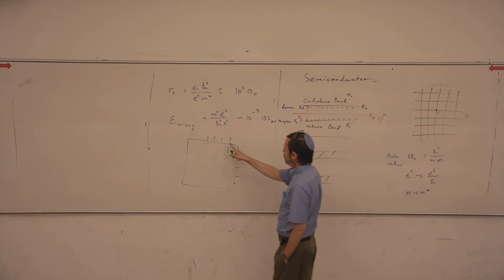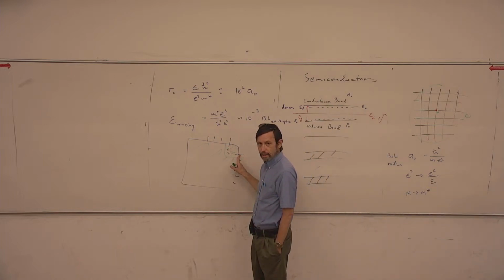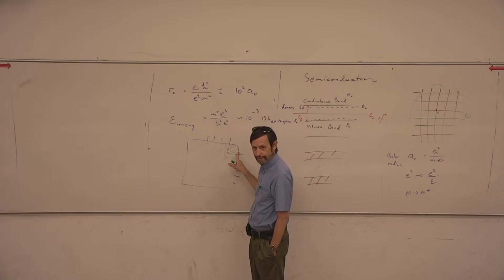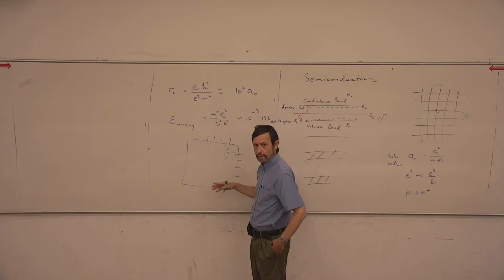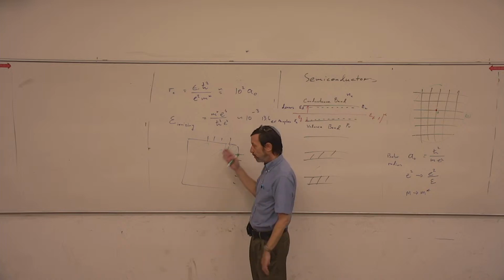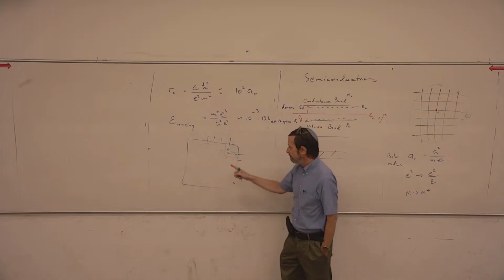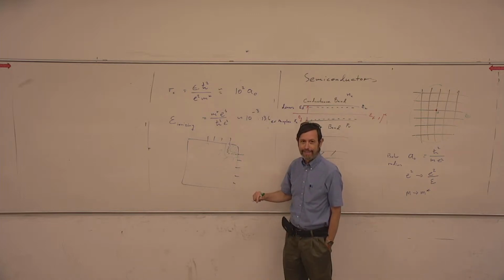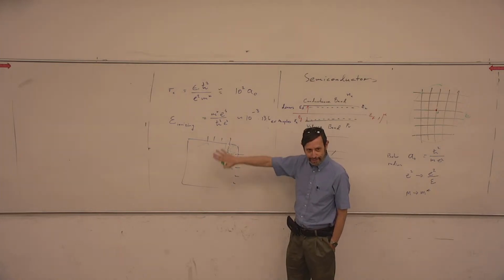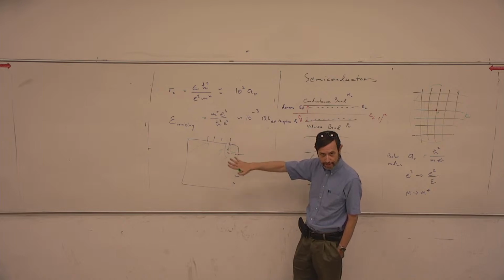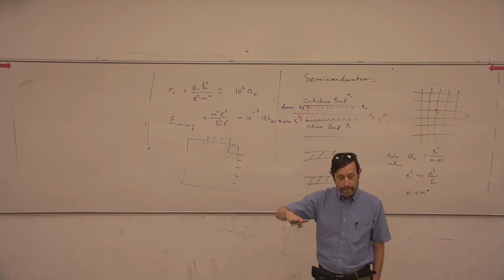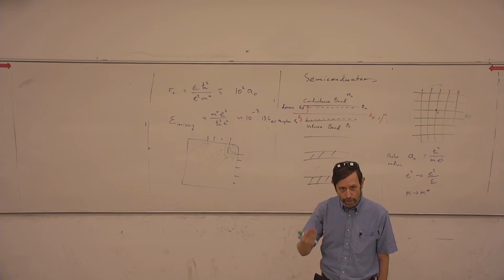You somehow clean up the mask at the areas that you want to be doped with impurities. To put a mask is not complicated. At least conceptually, putting something everywhere, a mask, is not terribly hard.